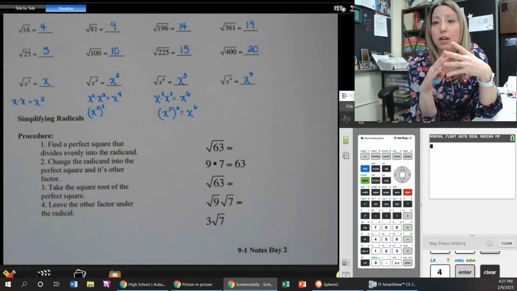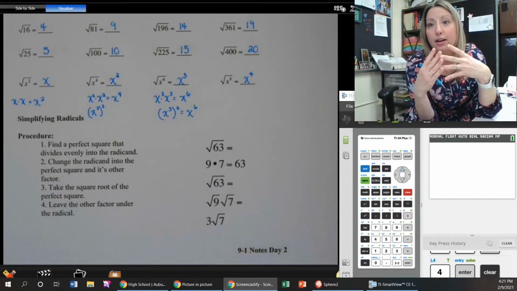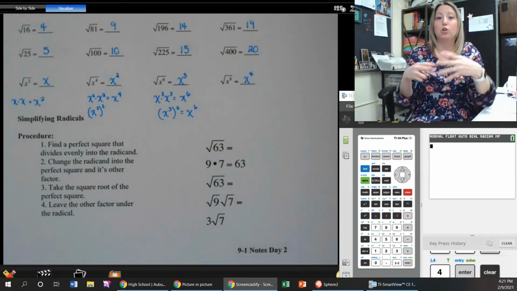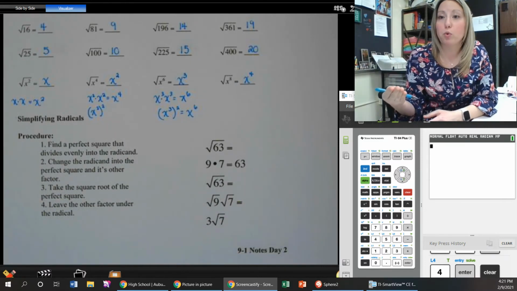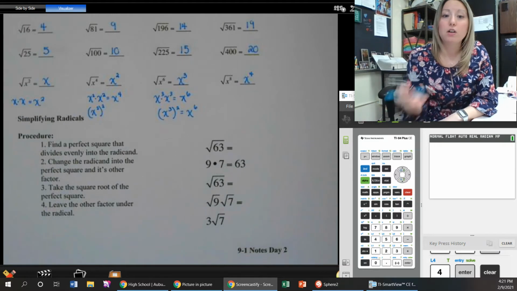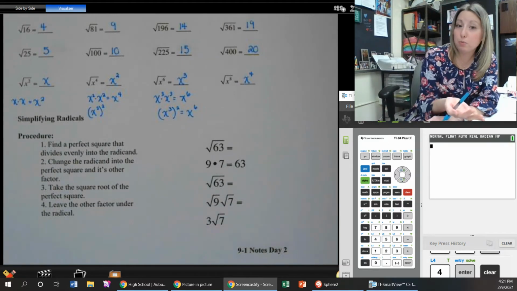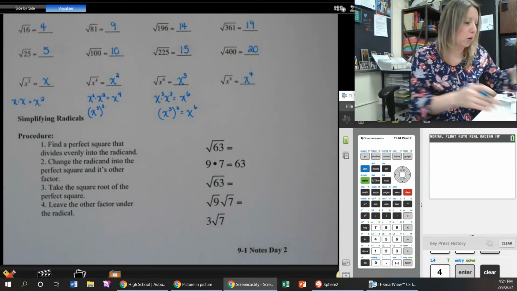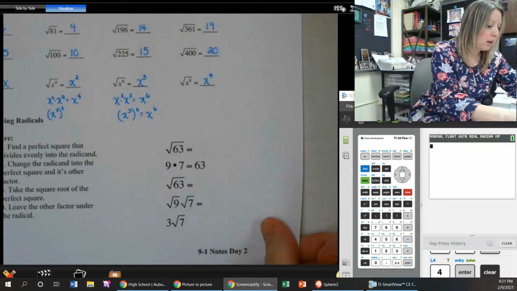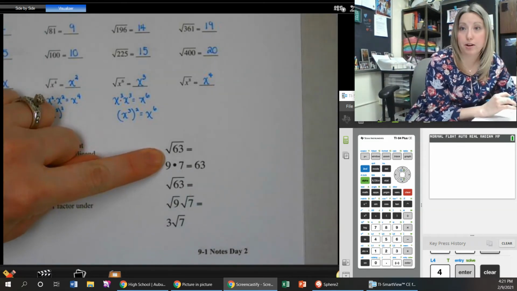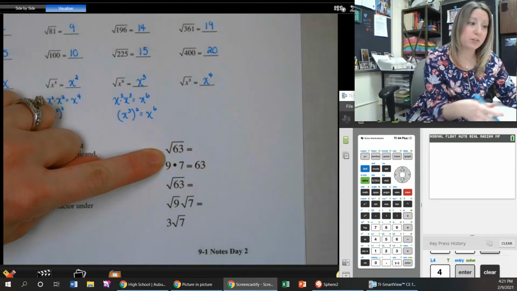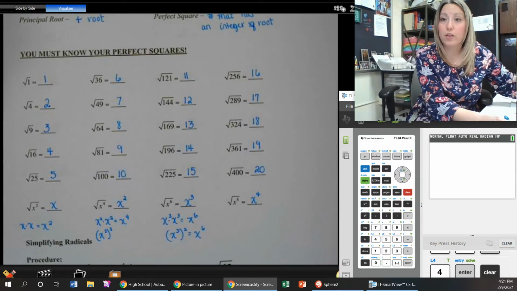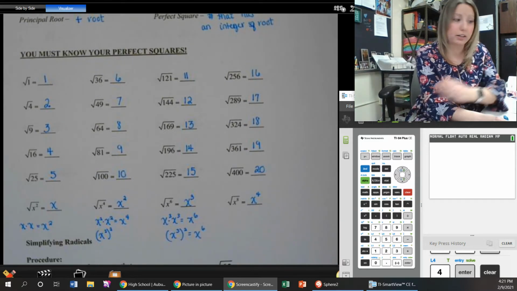So it also applies any time you have a number under the radical that is evenly divisible by one of your perfect squares. You can't leave that perfect square as a factor either. So we're going to continue to practice this method of taking square roots, okay? Now, if you have something like radical 63, well, 63 itself is not a perfect square. Notice it's not one of these under a radical that comes out to give me an integer when I take its square root.